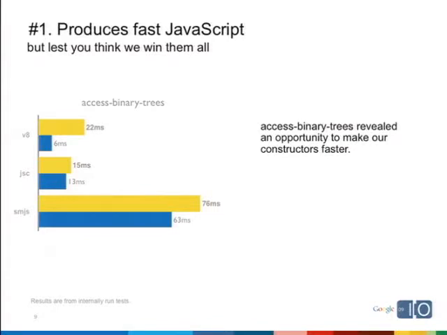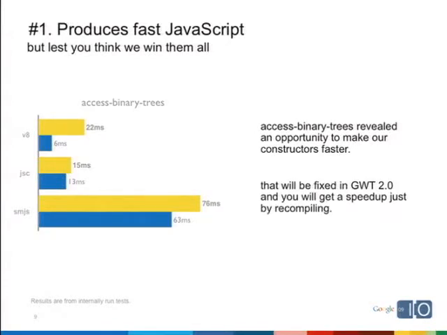It revealed an opportunity to speed up the way we translate Java constructors into JavaScript. But the great thing, and one thing I'll continue to remind you, is that GWT is a set of tools. So this is now an issue in our issue tracker. It should be fixed by GWT 2.0, and a speedup is just a compile away. As we get faster, your apps get faster.